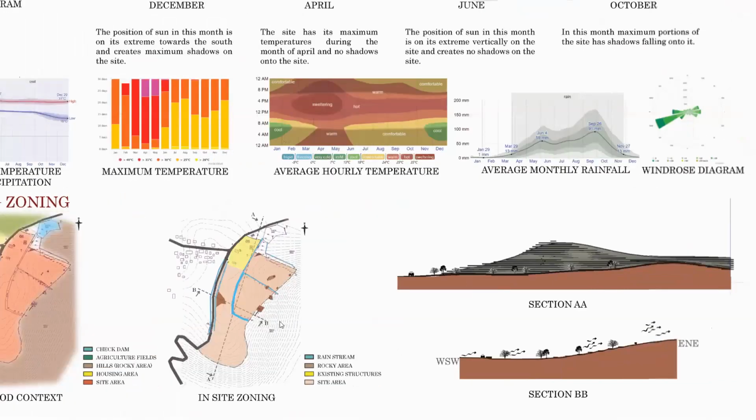As it is located very close to the hilly area, the rainwater during the rainy seasons goes through the site. So there are these naturally formed streams which take away the rainwater from the hills. Here, this is a section of the site, and this is the wind flow through the site.